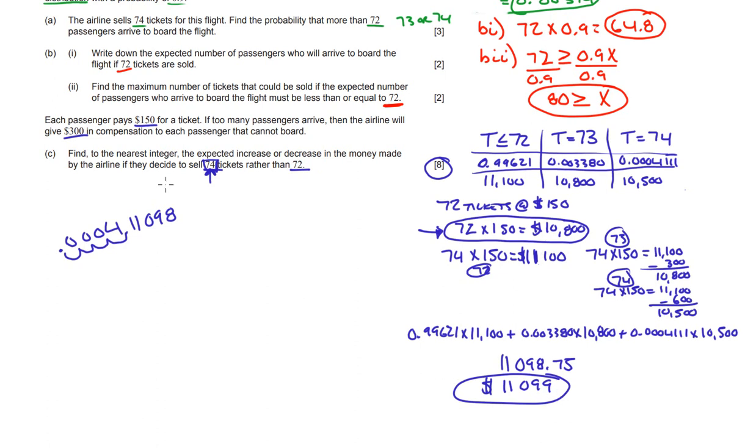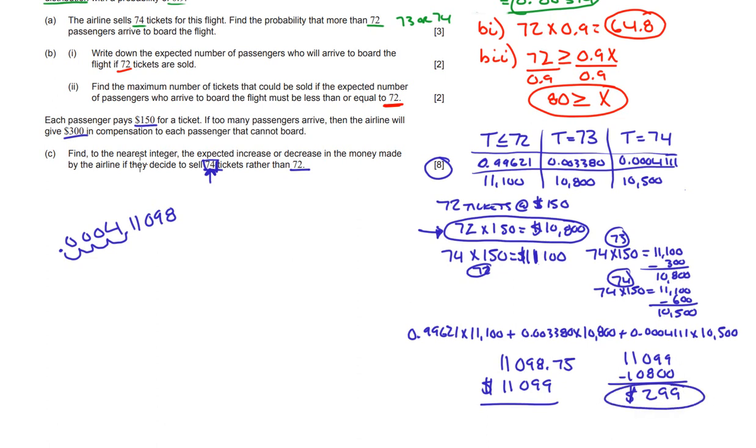So what we're really looking for, again, I keep circling stuff when we shouldn't be, maybe underline it. What we now need to figure out is what's the difference between 10,800 and 11,099. So we simply take 11,099 minus 10,800, and that's going to give us $299.